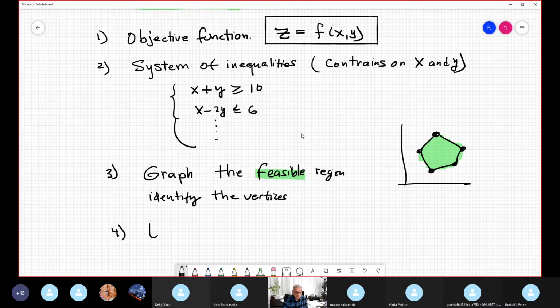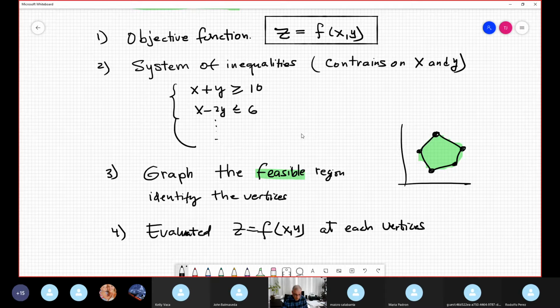You evaluate the objective function C in every corner, at each vertex, and finally you find the maximum or the minimum you want, because the objective function normally is linear.